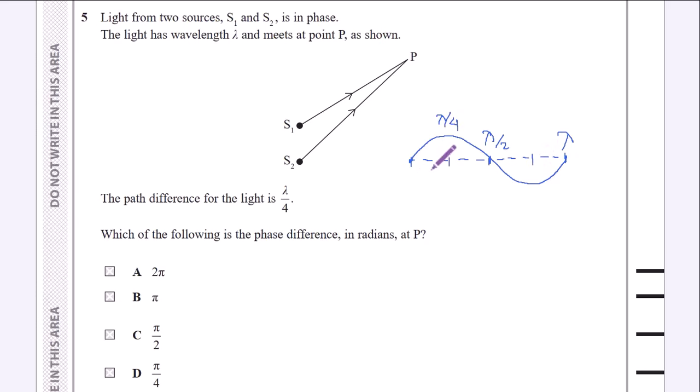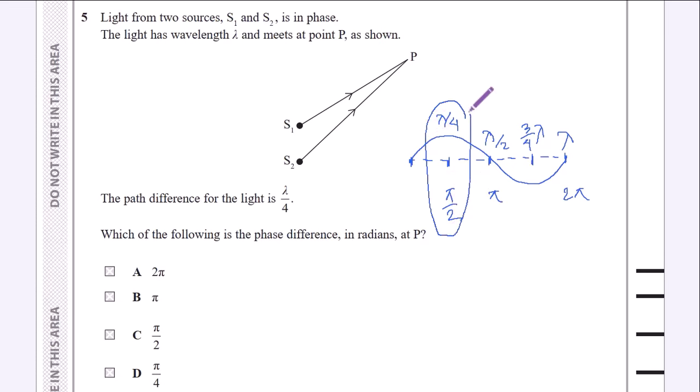And then you mark the bottom section, and this would be 3 by 4 lambda. And then you mark the bottom section, but this time not with wavelength, this time with angles, right? So in one cycle you have 2 pi radian, and in half cycle it's pi radian, and in quarter of a cycle it's pi by 2 radian.